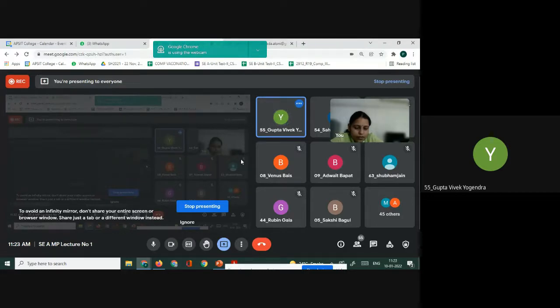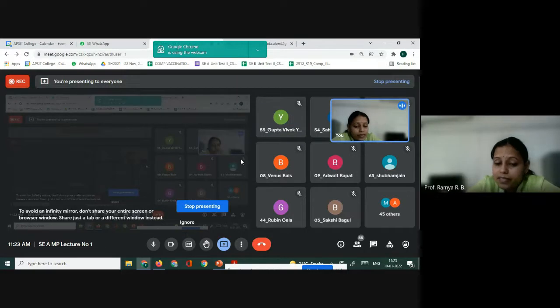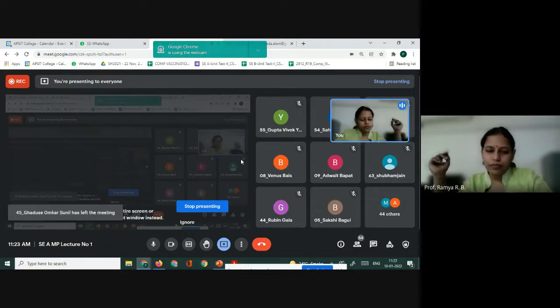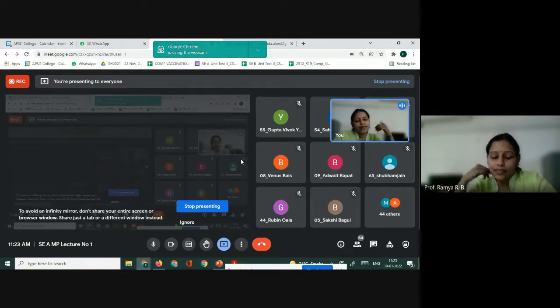Okay, very good. That means it's a basic processor. 8085 is an 8-bit processor, and 8086 is a 16-bit processor. All the modern processors that you have nowadays are 32 or 64-bit processors, right? And we are learning the subject using a 16-bit processor.